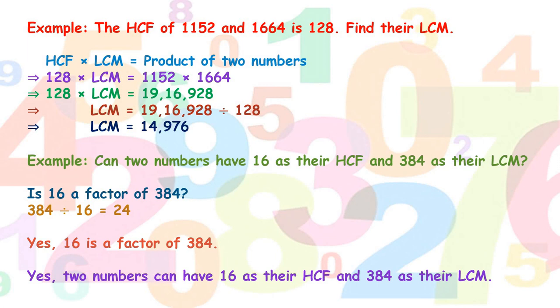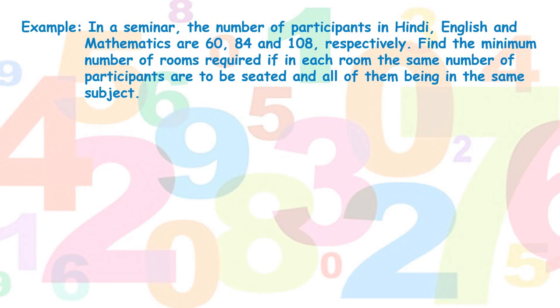Next example. In a seminar, the number of participants in Hindi, English and Mathematics are 60, 84 and 108 respectively. Find the minimum number of rooms required if in each room the same number of participants are to be seated and all of them being in the same subject.